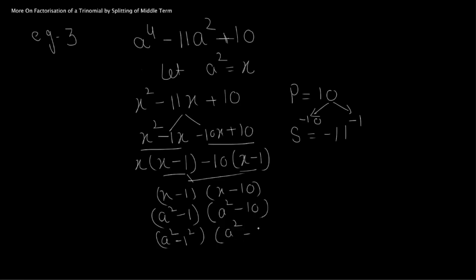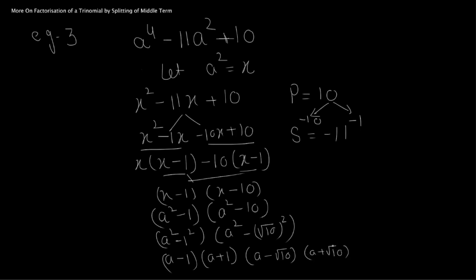So we can write 10 as root 10 square. Now a square minus 1 square can be written as a minus 1 and a plus 1, and a square minus root 10 square can be written as a minus root 10 and a plus root 10.